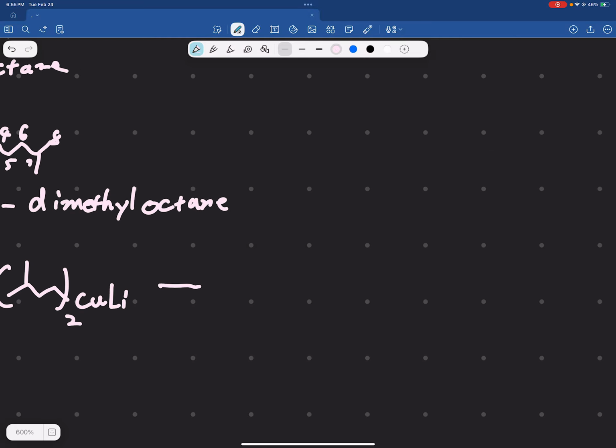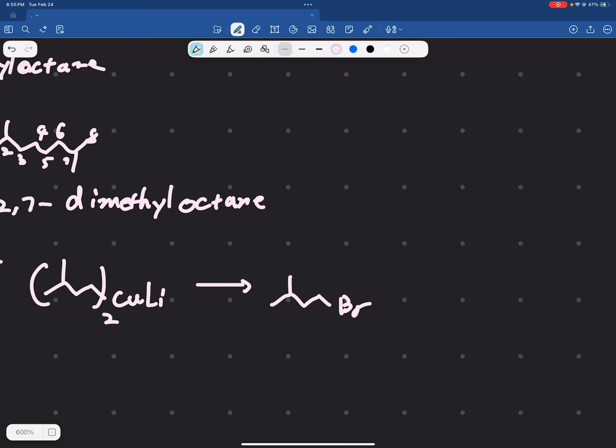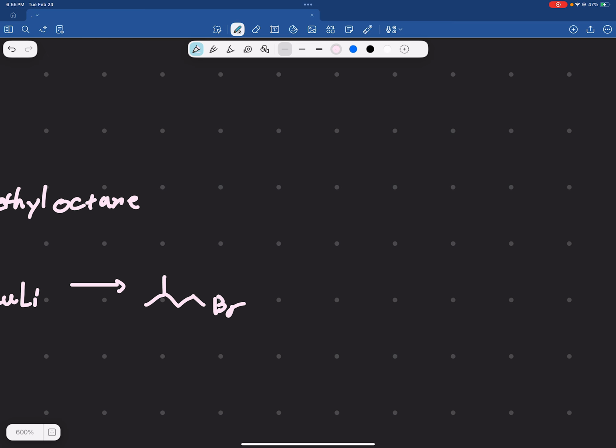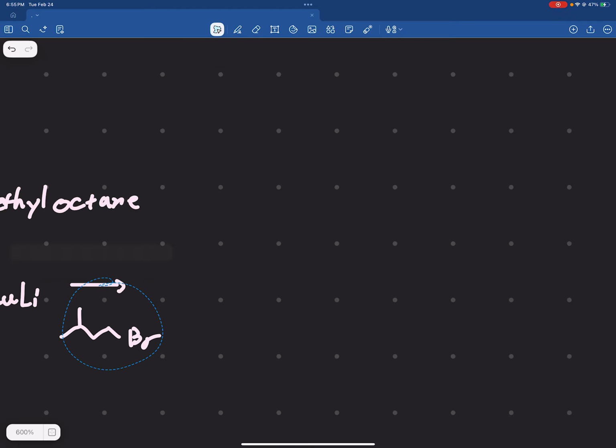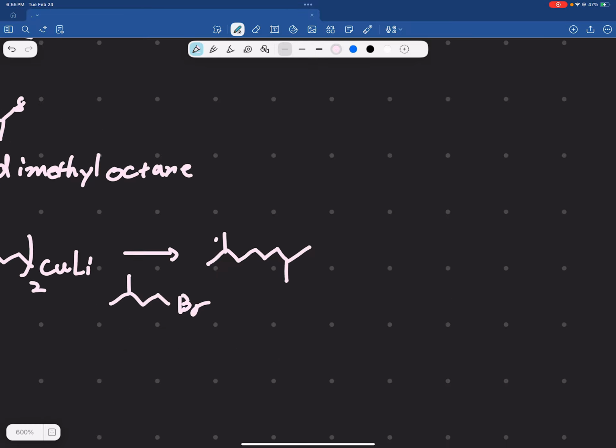And this can be added to our starting compound, the 1-bromo-3-methylbutane, and let's move this actually. It's going to be added to that, and this will actually form our desired product, which is our 2,7-dimethyloctane.